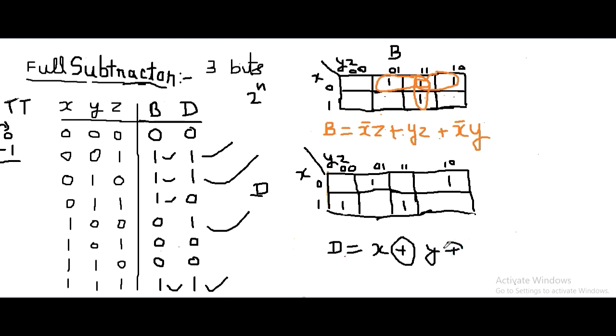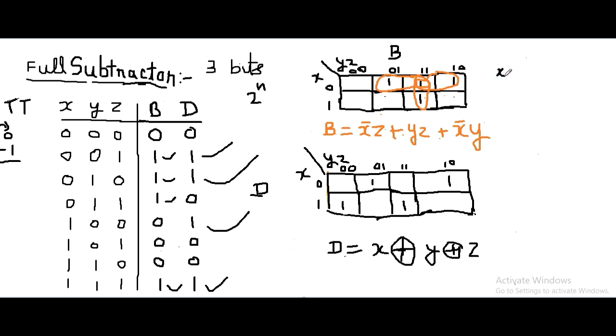We can write this directly, because we know from our previous lectures that it will be an XOR gate between these three variables, right? If you don't know, please do watch the video of the full adder. I have explained very clearly how this is possible and how this expression comes out. And now we have to make a logic diagram for this.